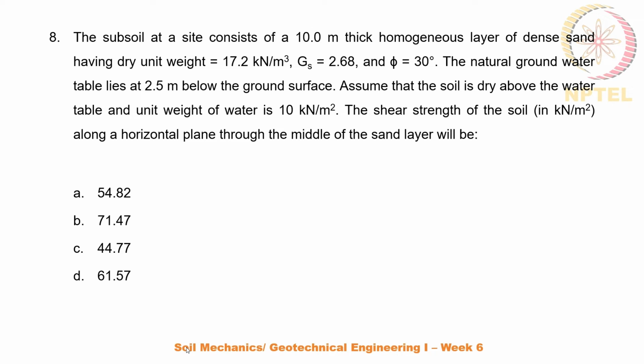The subsoil at a site consists of a 10-meter thick homogeneous layer of dense sand having dry unit weight 17.2 kilonewton per meter cube. Specific gravity of the soil is equal to 2.68 and angle of internal friction phi is equal to 30 degrees.